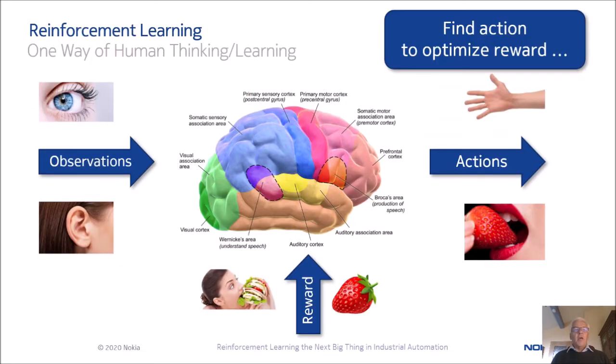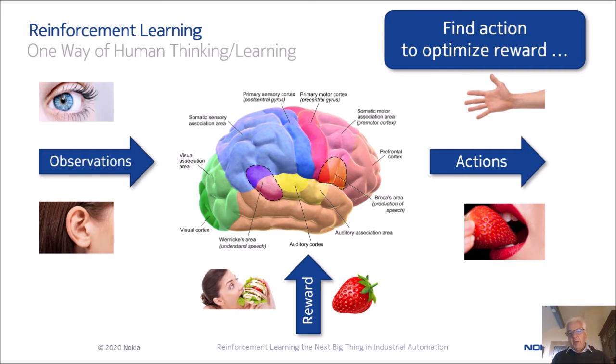It's also interesting to have a short look at how we think, so how we are computing inputs in our brain. We certainly have sensors. We have eyes, we have ears, we can listen, we can see, we have tactile sensors, and we take this information together with some thinking about what is positive for us. So we have a reward thinking. We know maybe food is beneficial for us.